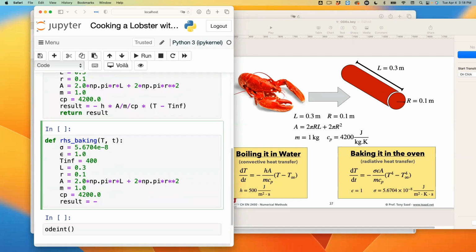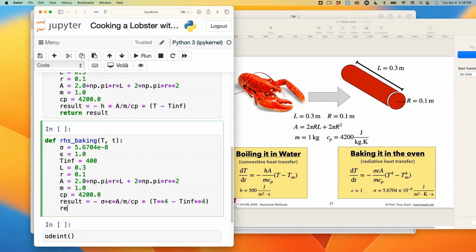And then over here we have minus sigma times epsilon times A over m c_p times T to the power 4 minus T infinity to the power 4. Return result. Whew.